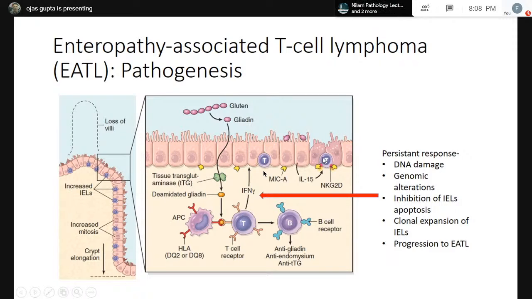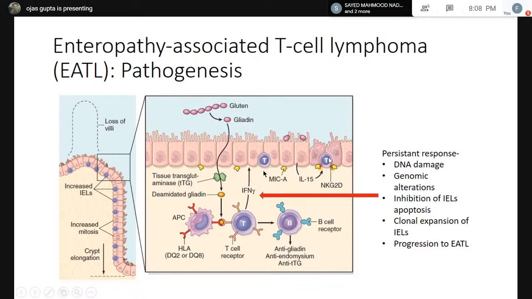This IL-15 will cause the localization of these T cells within the intraepithelial lymphocytes and also causes the expression of NKG2D, which is an NK activating receptor, on these intraepithelial lymphocytes, and the expression of MIC-A, that is a non-classic MHC class 1 ligand.